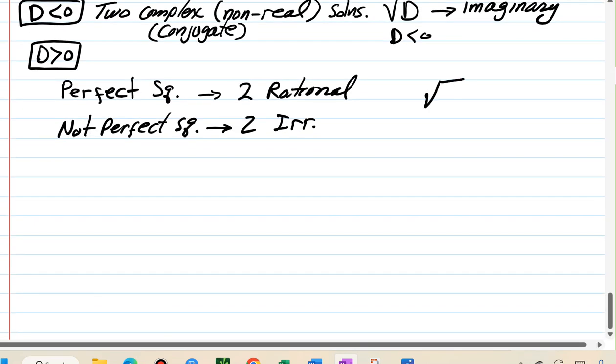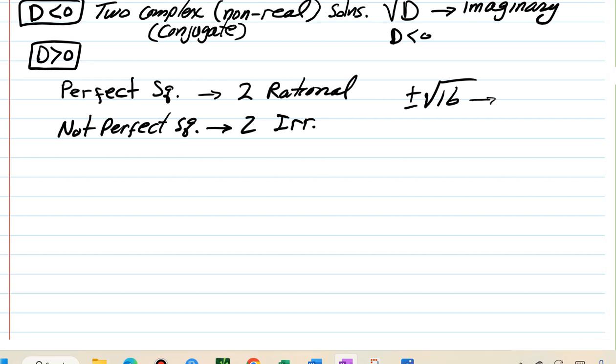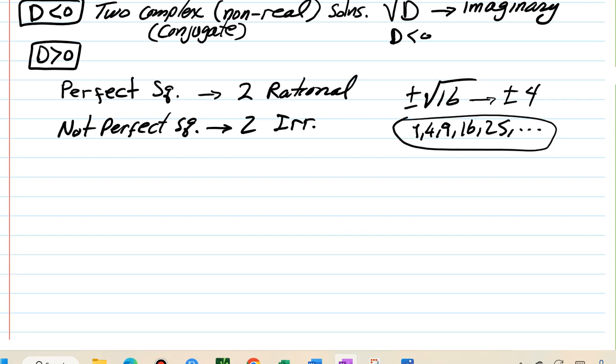So here's a case, for instance: I have square root of 16, plus minus. That becomes plus minus 4, and that's the case of rational because 16 is a perfect square. Remember, your perfect squares are 1, 2 squared, 3 squared, 4 squared, 5 squared, and so on. So if your radicand is any one of these perfect squares, then you have two rational solutions.